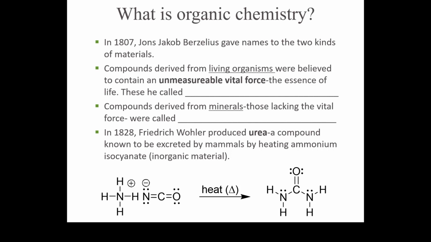These compounds were defined according to where they came from. If a compound came from a living organism, it was believed to have some sort of vital force, and so they called these compounds organic. Compounds that came from minerals, or those that lacked a vital force, were called inorganic.